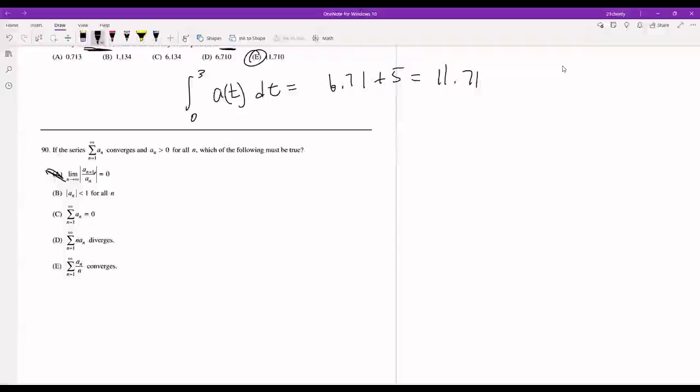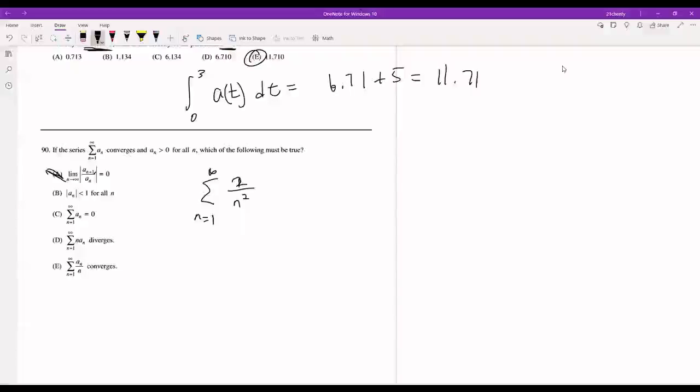Because if we take, for example, a p-series, which we know converges, 1 over n squared, all of these are less than 1 for n equals 1 onward. However, the first term is 1, so that already doesn't work.